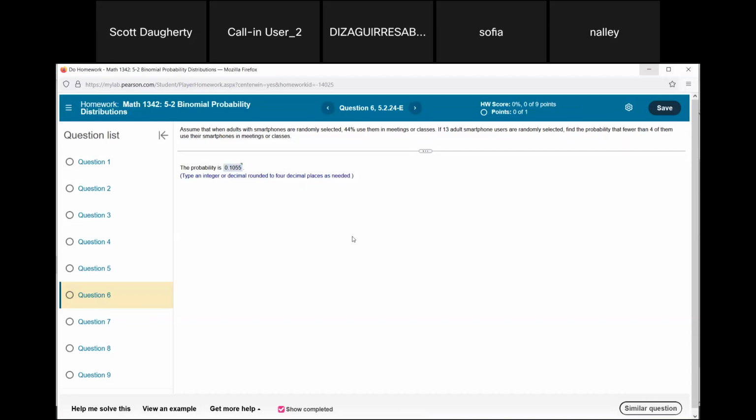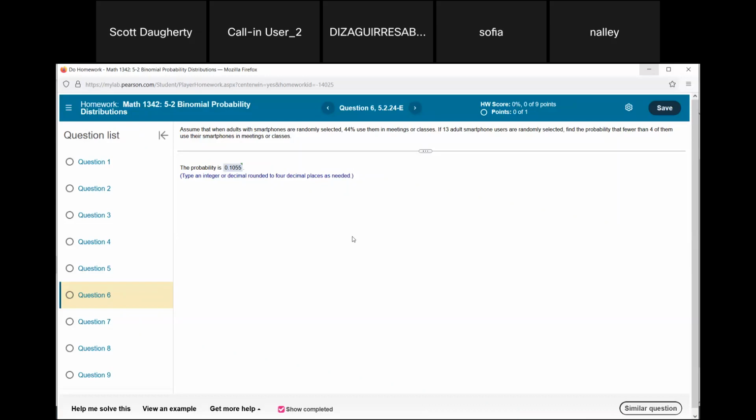Well, in order to figure this out, we need to calculate several probabilities. Fewer than 4 would be 0 out of 13, or 1 out of 13, or 2 out of 13, or 3 out of 13. We need to find the probability of each of those, and then add them up because any one of them would be fewer than 4.